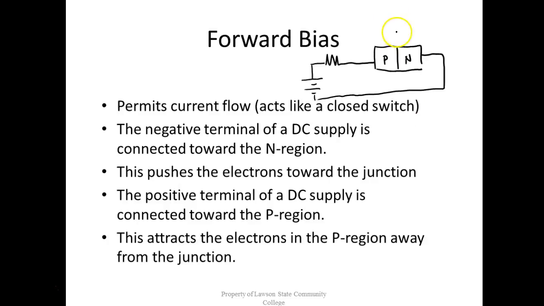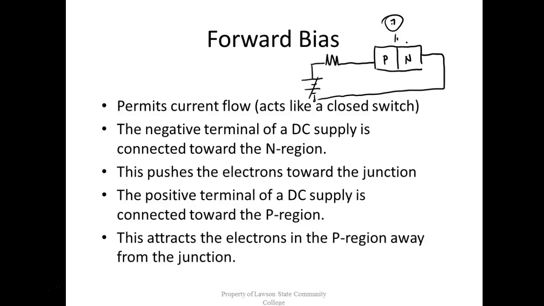Now at the barrier we've got this little tiny voltage, and for silicon, it's about 0.7 of a volt. So if I have less than 0.7 of a volt, as long as I don't exceed that, this guy doesn't work.